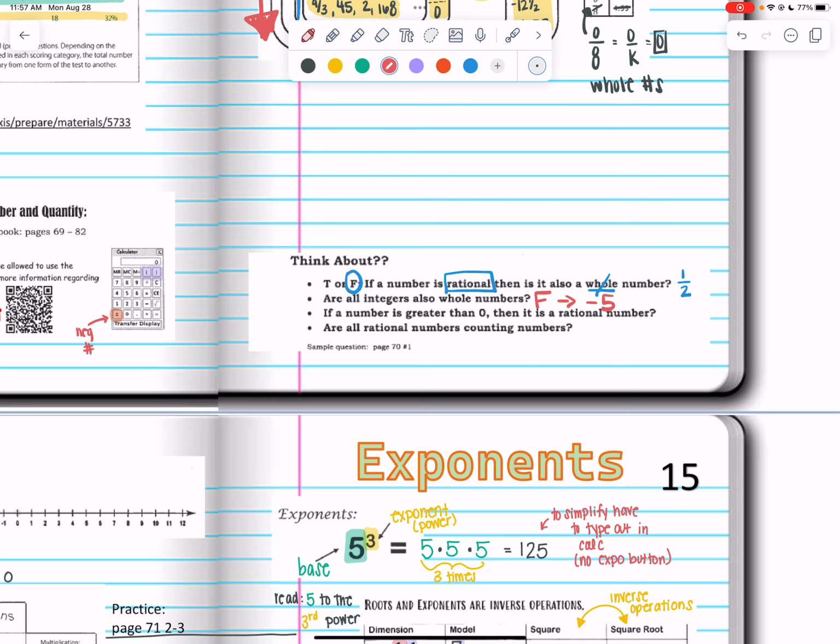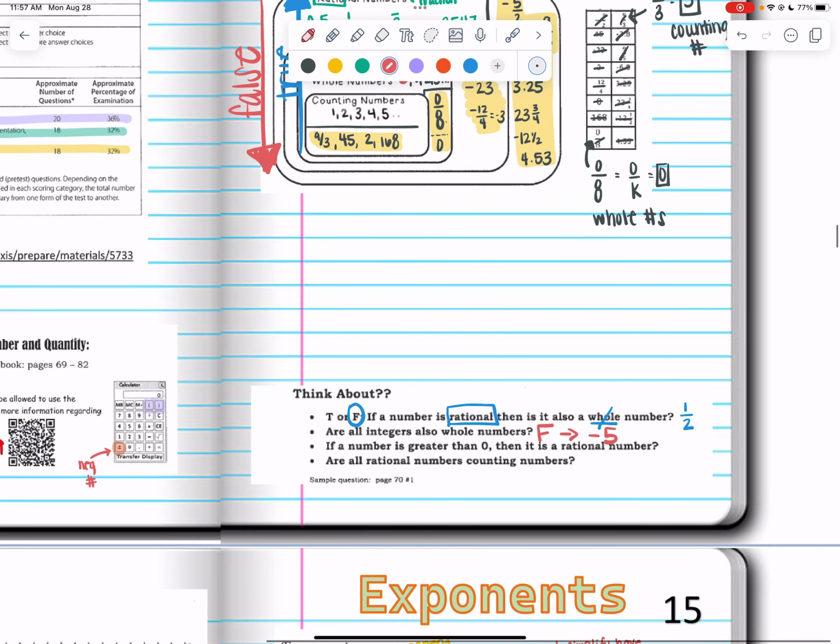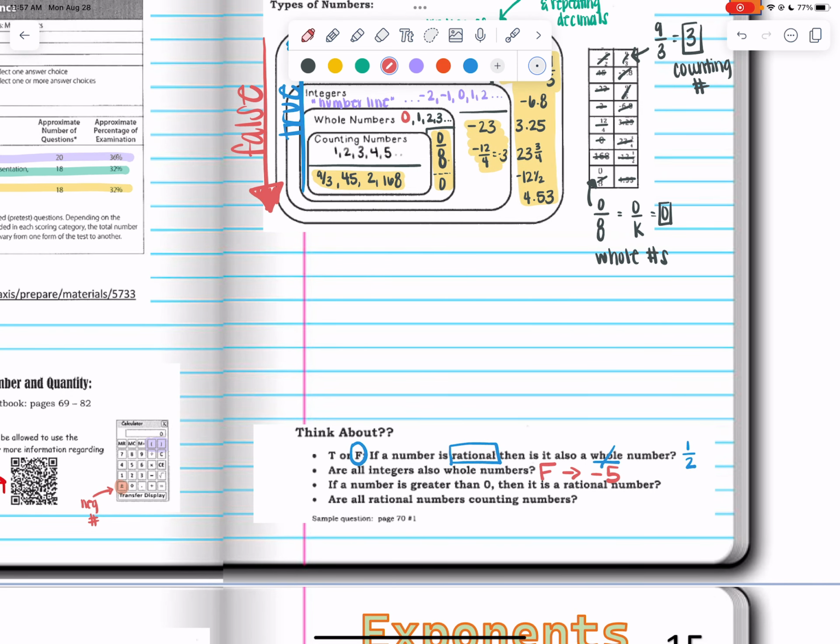All right, number 3. If a number is greater than 0, then it is a rational number. Now, we don't technically know about these yet, but there are things called irrational numbers. The most famous one is pi.